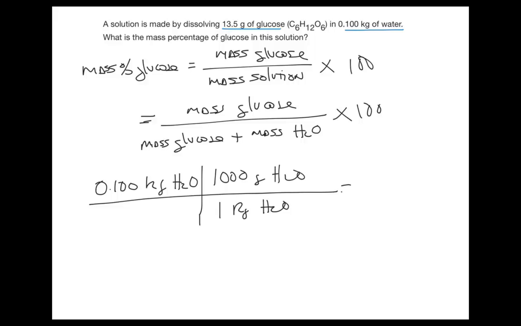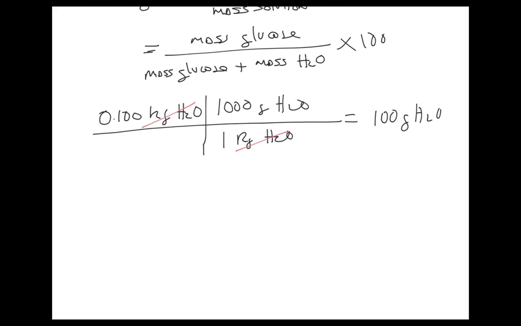So now we can cancel the units of kilograms, and we now have the units in grams of water, and this will be equal to 100 grams of water. So now we can substitute the values here.